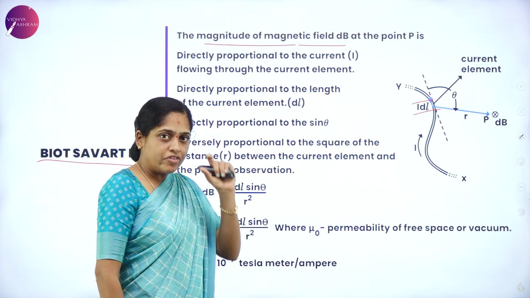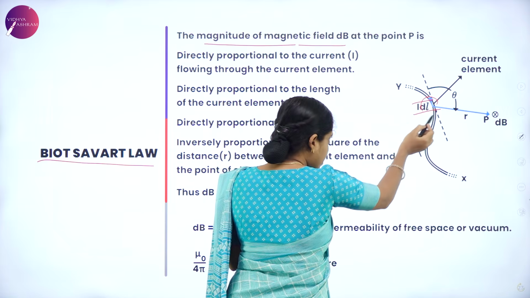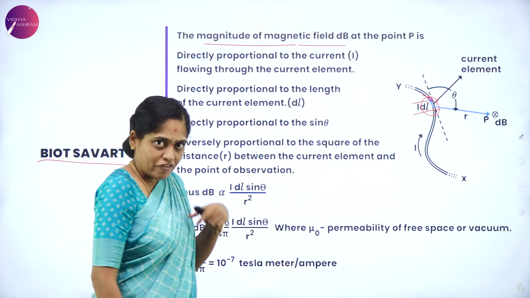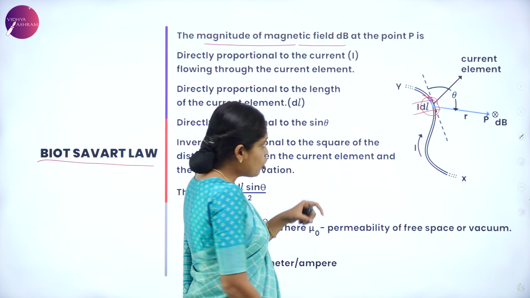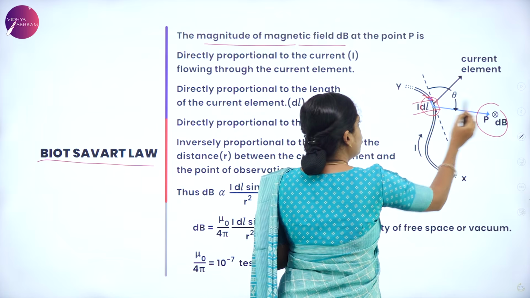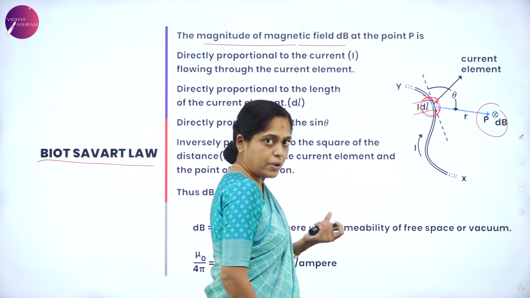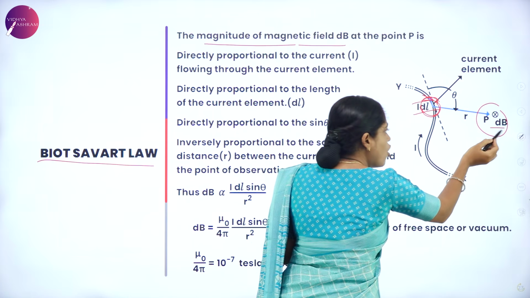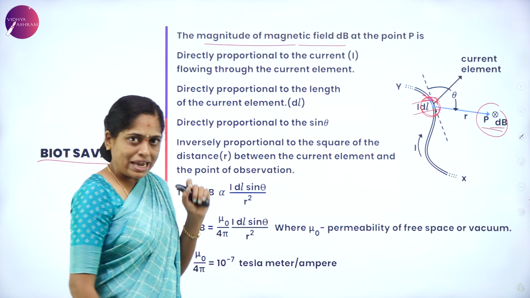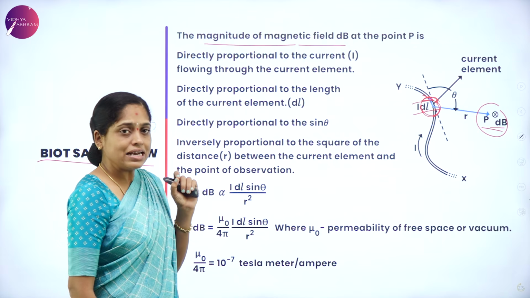As it is a very small segment of the current carrying wire, the strength of the magnetic field due to this current element is also small. Therefore, we consider it as dB.